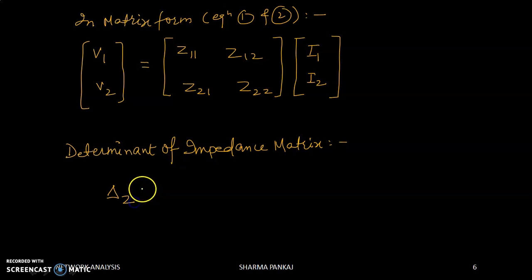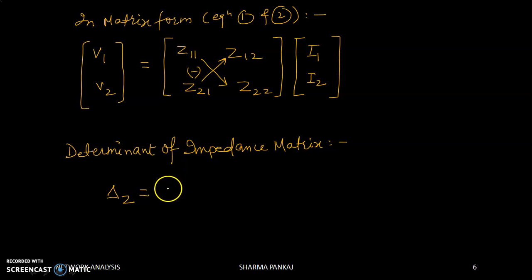Delta Z is equal to Z11 into Z22 minus Z21 into Z12.